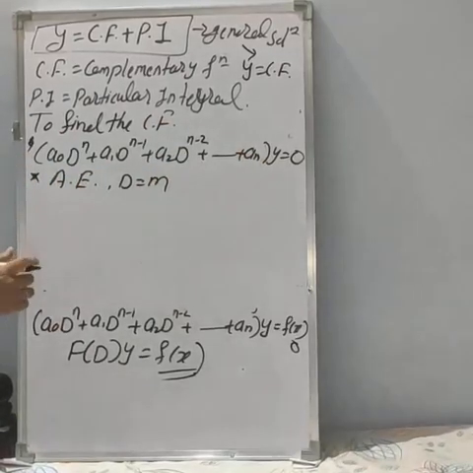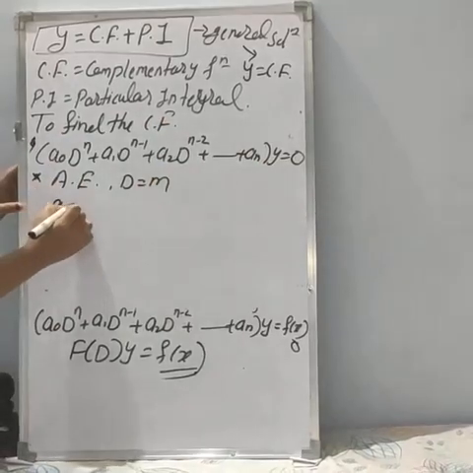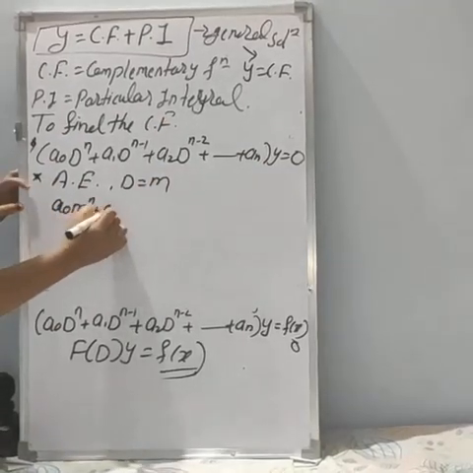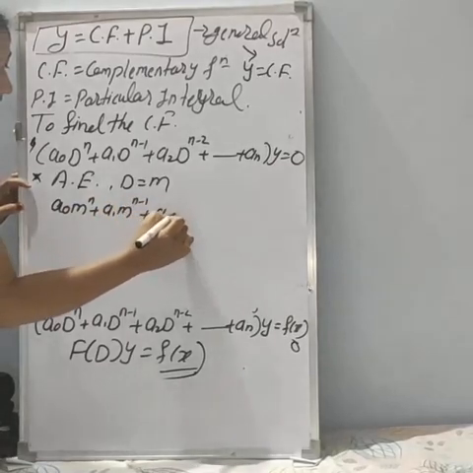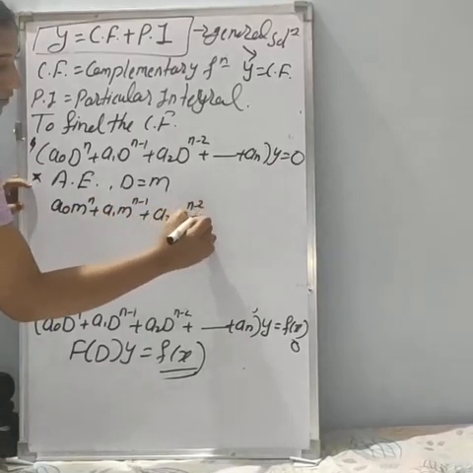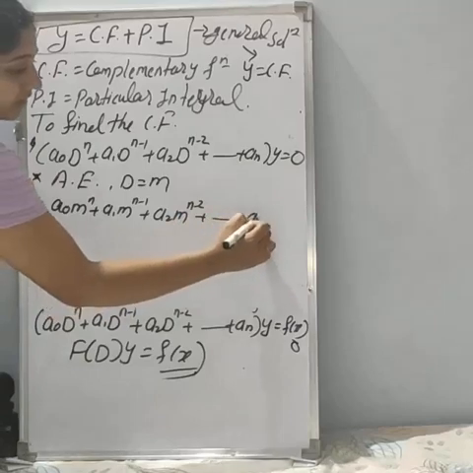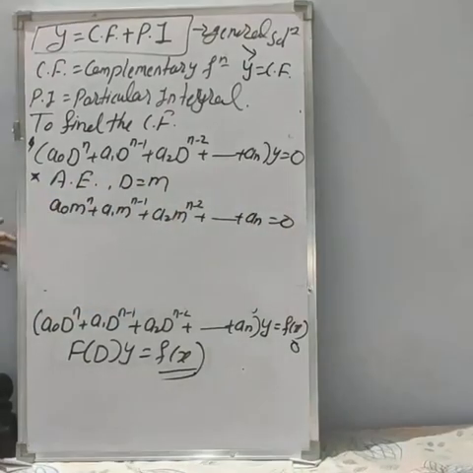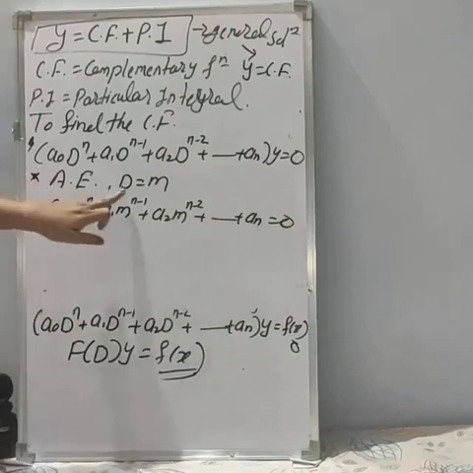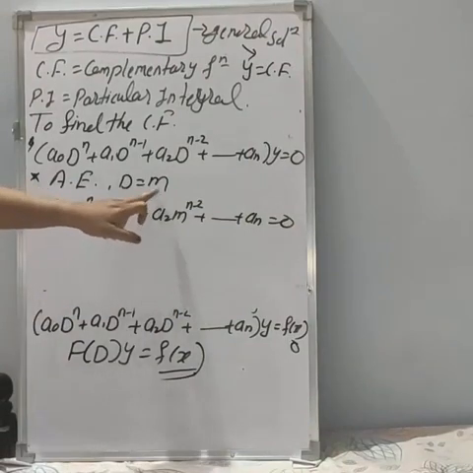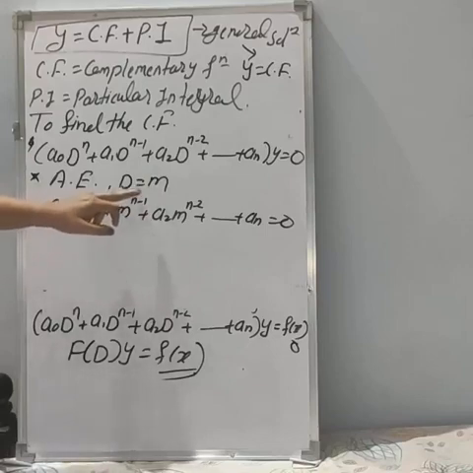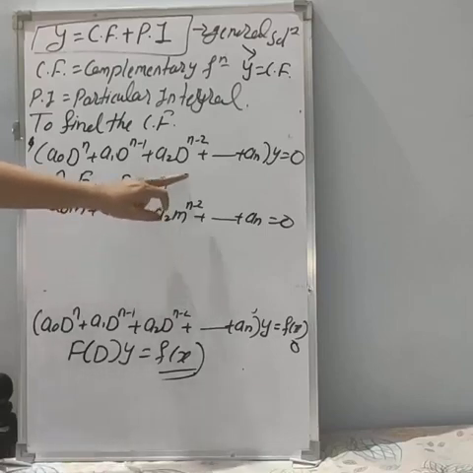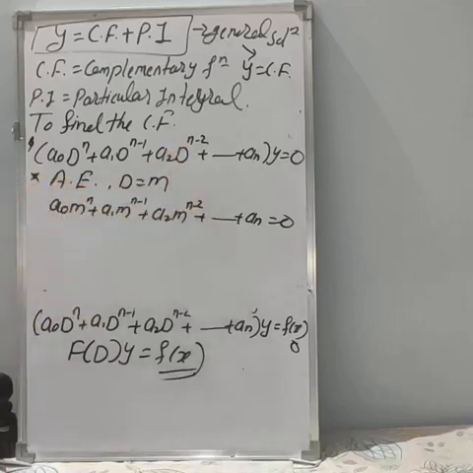So what we will get: a naught m raised to n plus a1 m raised to n minus 1 plus a2 m raised to n minus 2 plus so on plus an is equal to 0.